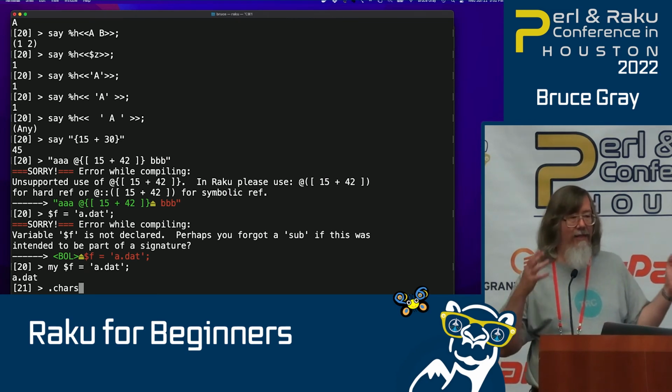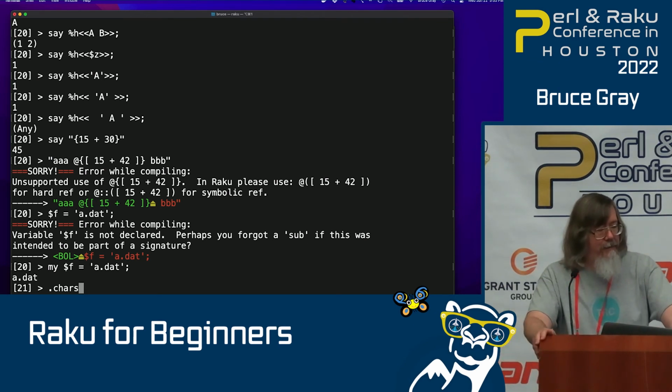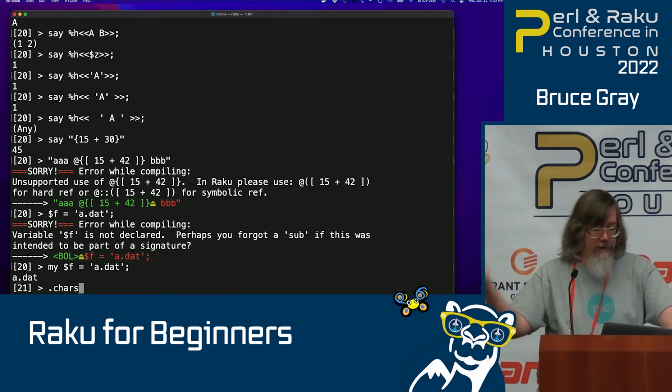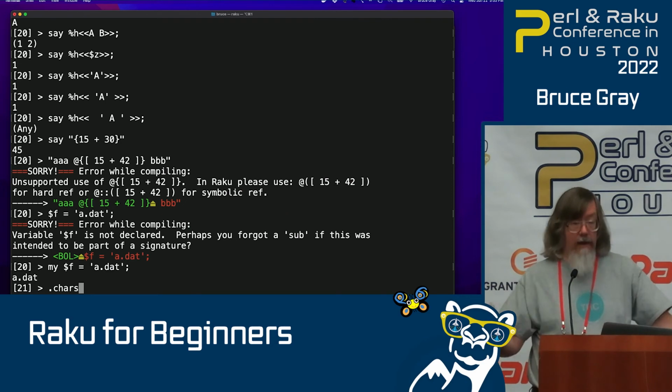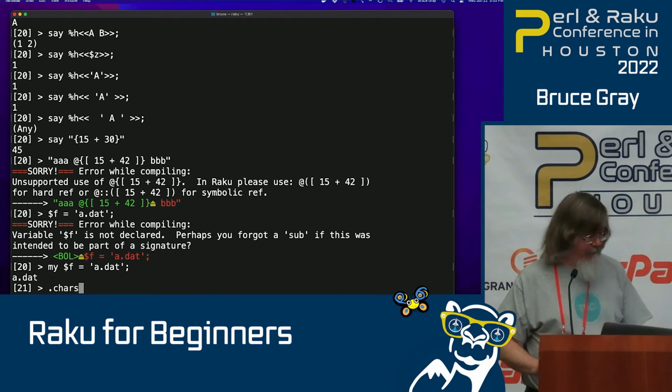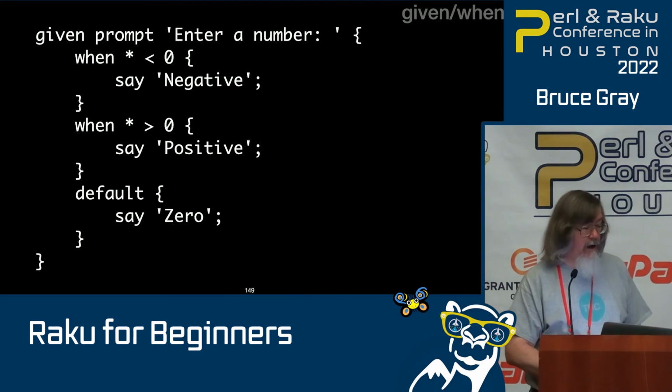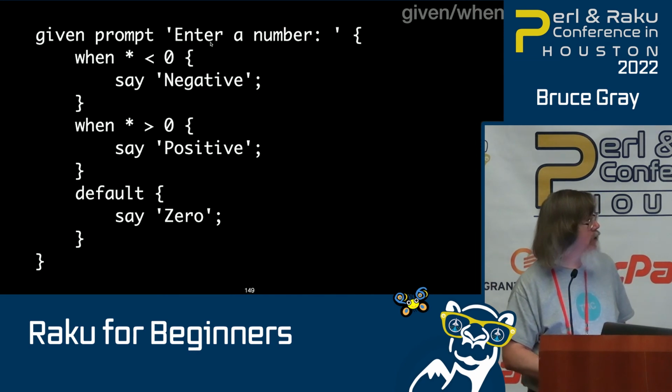You're calling it on the topic. So things that automatically assign, we'll get into for loops automatically assigned to $_. It's a dovetail. It works really, really well together. Where was I? So given also assigns stuff to $_. So when I do star here, it's talking about $_.